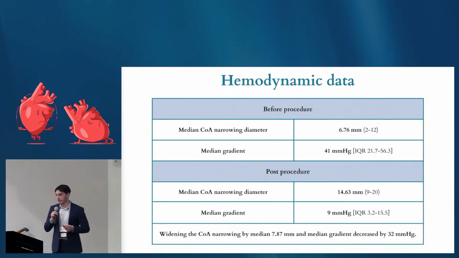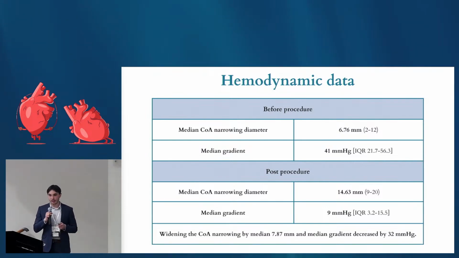Moving to hemodynamic data, the narrowing of the coarctation was widened by a median of 7.8 millimeters, which caused the median gradient to decrease by 32 millimeters of mercury.